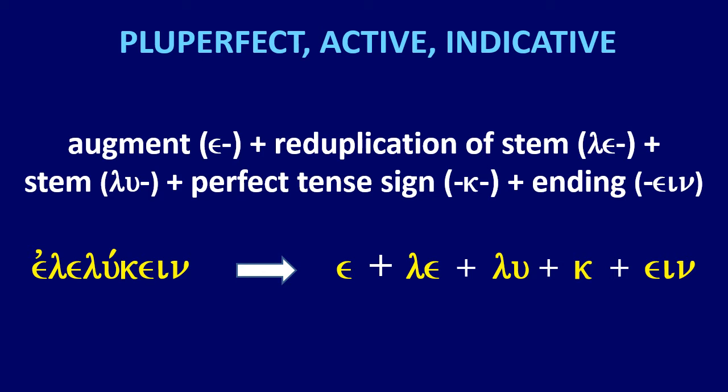And I do believe that, along with imperfect tense, indicates that time is present in tense formation, in the indicative mood anyway, for Greek verbs, though it is secondary to aspect, as I explained in the last lesson. But here's how you form, then, the pluperfect active indicative.